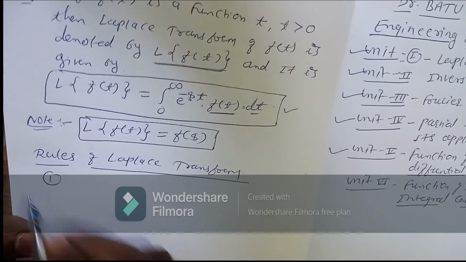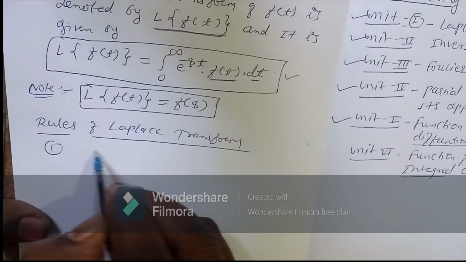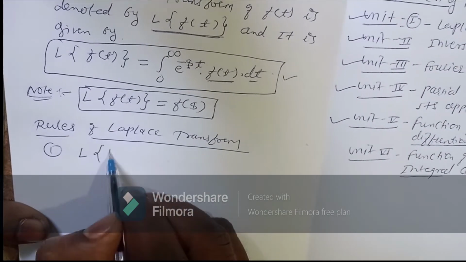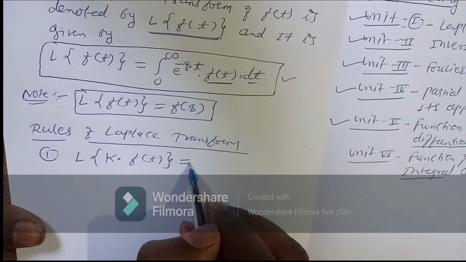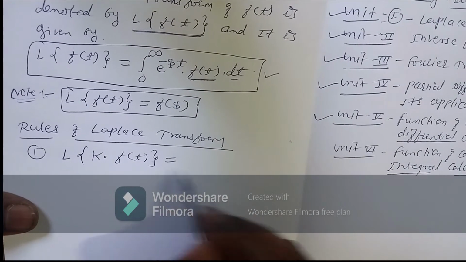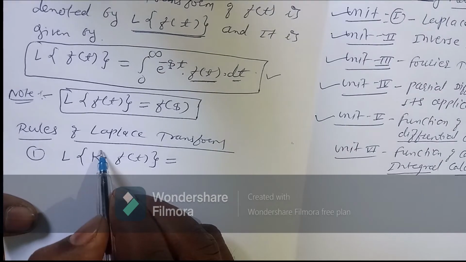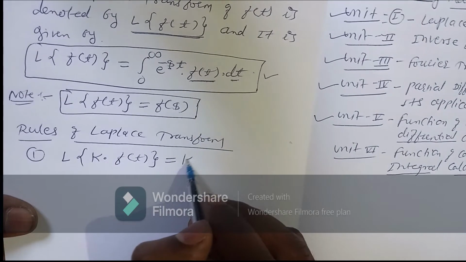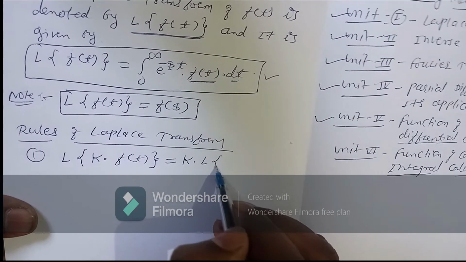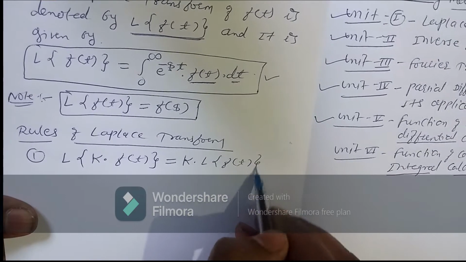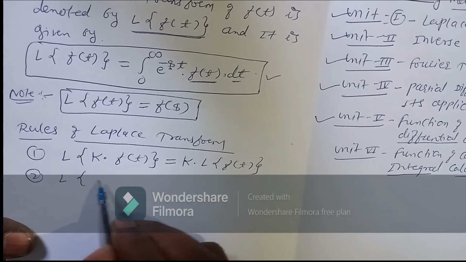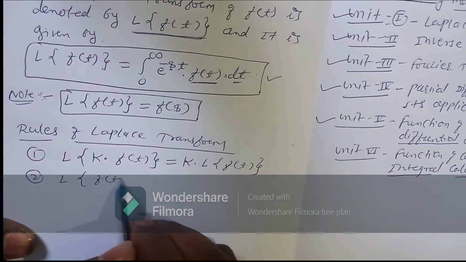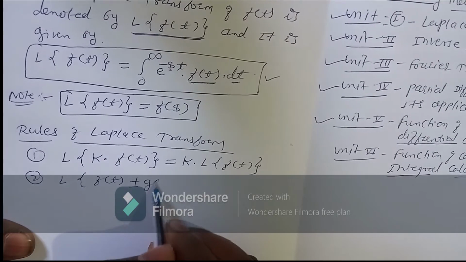So the first rule is Laplace transform of a constant into f of t, that is k into f of t. If this is there, then we can take this constant outside. So we can write k into Laplace transform of f of t. Second, Laplace transform of f of t plus or minus g of t.